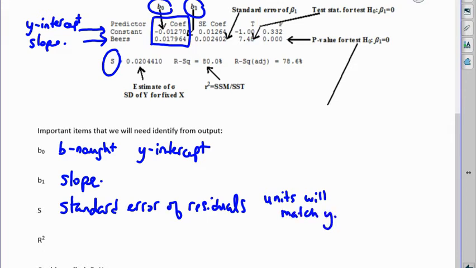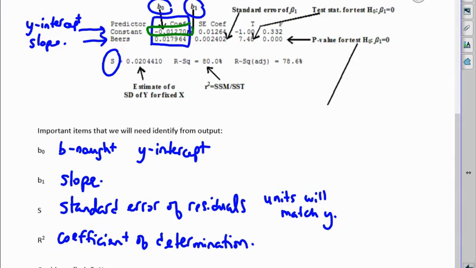Okay, then we have our r squared. That's our coefficient of determination. Let's go through and see if we can identify all these things on here. So here was our y-intercept, which was negative 0.01270.